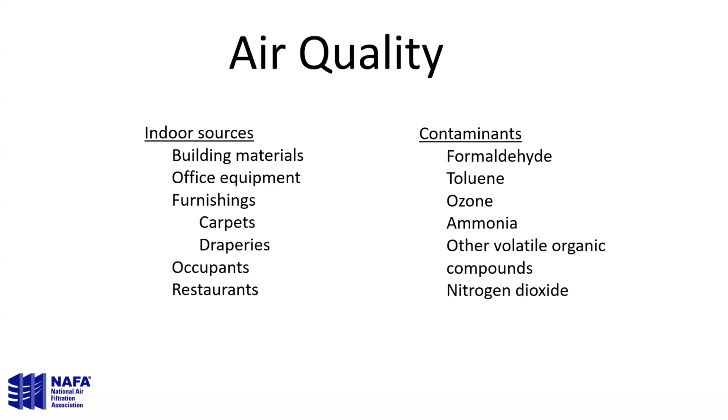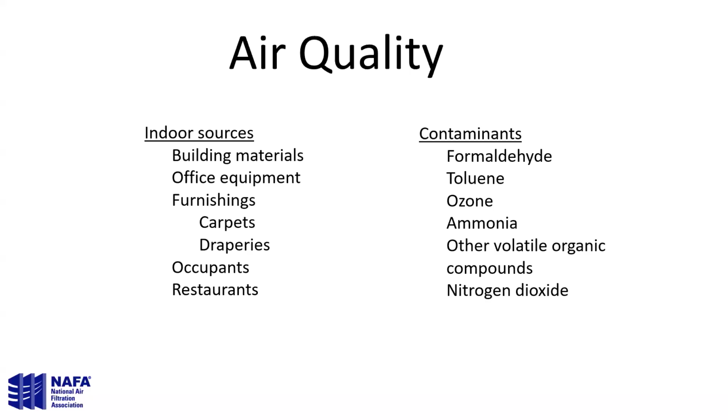Occupants, and the trend to put a restaurant inside buildings. And while sometimes that food smells really good, those restaurants have to exhaust to the outside air. And oftentimes that smell is not so good and gets re-entrained into the building. So there are many things. I've listed contaminants here.